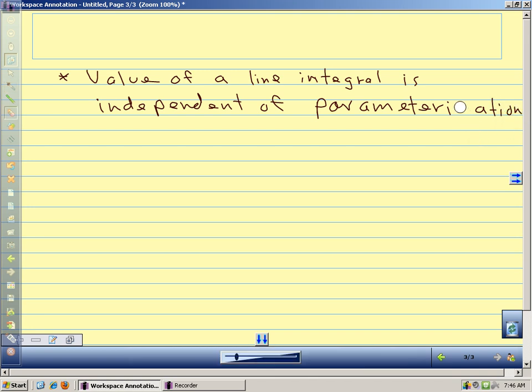The other day, Caitlin, you asked about a piecewise smooth curve, and the book had parameterized it differently than you had.